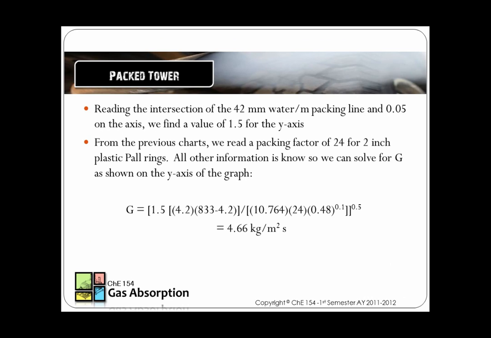Reading the intersection of the 42 mm water per meter packing line and 0.05 on the axis, we find the value of 1.5 for the y-axis. From the previous chart, we read a packing factor of 24 for 2-inch plastic ball rings. All other information is known, so we can solve for G as shown on the y-axis.